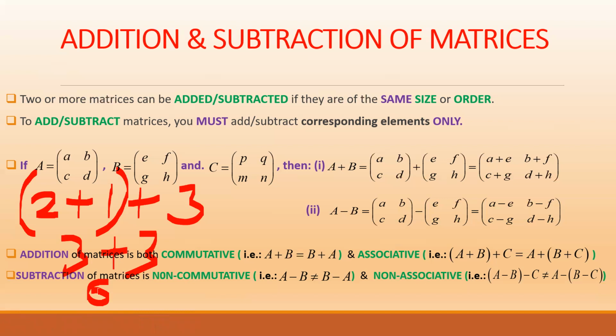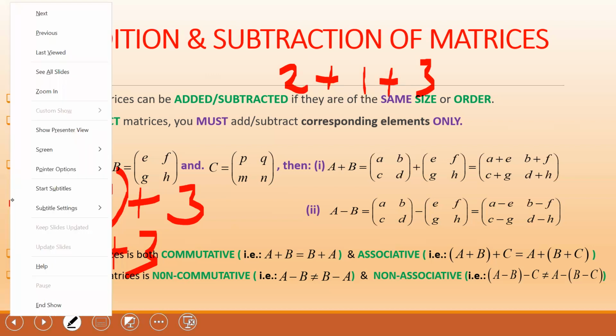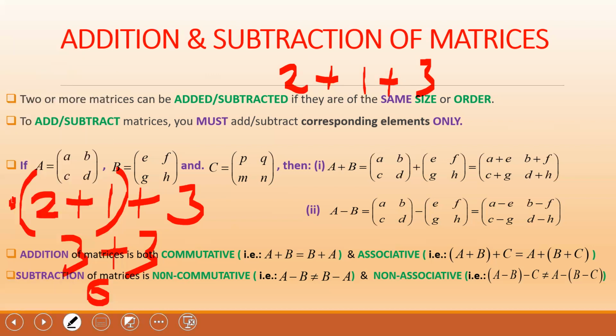Now, on the other hand, the next proof is we must have the same three numbers, 2 plus 1 plus 3. However, we're going to associate them a different way. In the first instance, we associated the first two numbers. In this next proof, we must associate the last two.